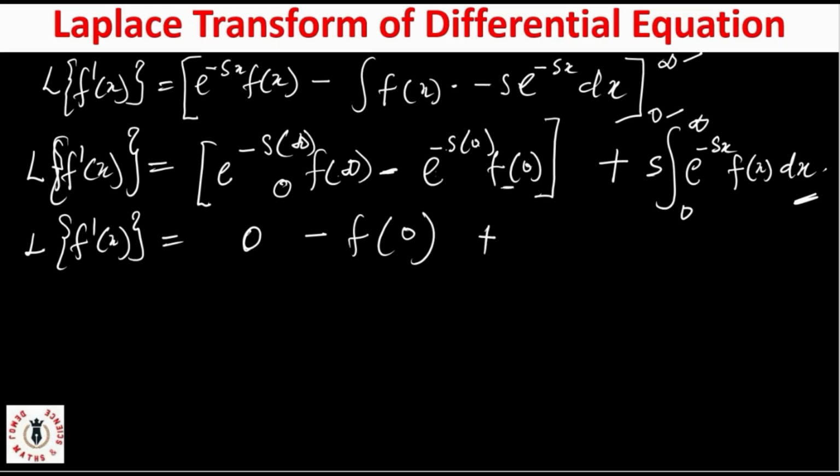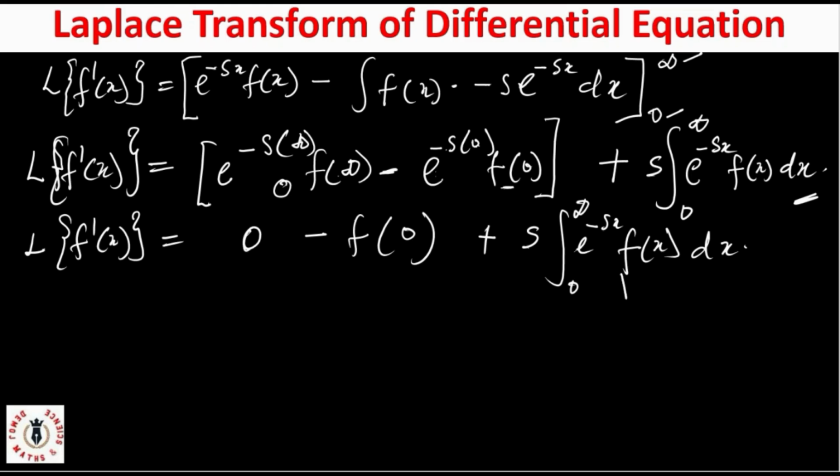Plus, now if you look at this, it is still my s into the integral of e raised to power minus sx f of x between infinity and 0 with respect to x. Now, if you followed my last lesson, in case you missed it, please do not hesitate to check the description below for a link to that lesson.